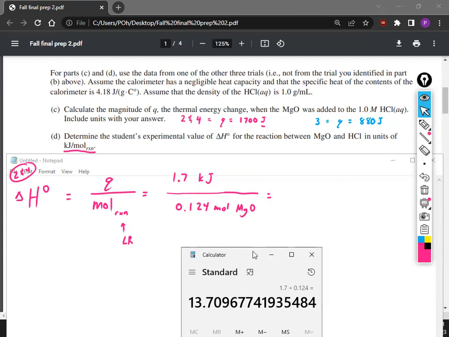Yeah, something's off. 0.0124? 0.010. Okay. Oh, that messed me up. I was like, the number's wrong. Okay. So yeah, you should get about 137, and then we'll go 0.1 kilojoules.